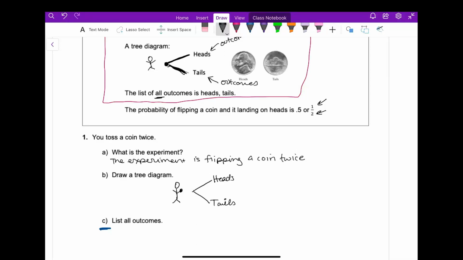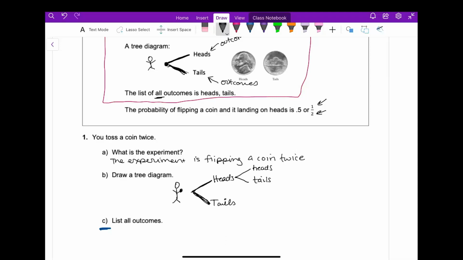I'm going to grab this coin. So let's say I tossed it and I got heads, right? I'm right here. And then I'm going to toss that same coin again because we're tossing this coin twice. What can happen? It can be a heads or it can be tails. So you see this tree diagram has grown in size, right? Because we're going to do this twice. Okay, let's say that the first time that I had tossed it, I was at tails.